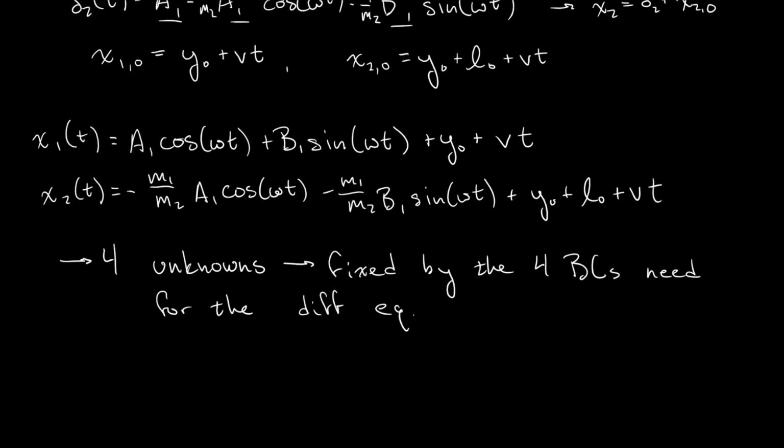Our unknowns being, I'll do this in blue, a1, b1, y0, and v. L0 is not going to be a free parameter because that's just a part of our system. Same with the masses and omega, which I'll just write out again as the square root of k times (m1 plus m2) over m1 m2.